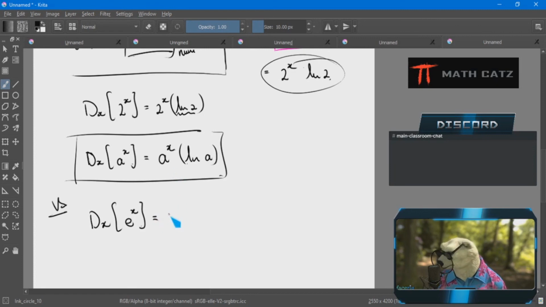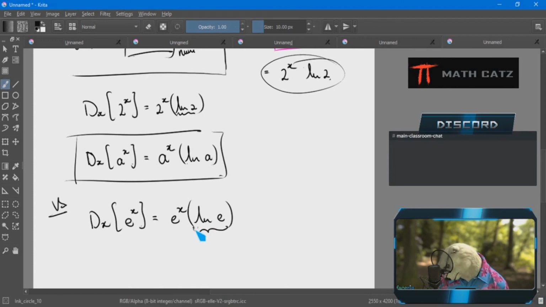Would this formula work? Well, it says e to the x, natural log of e. Where's the natural log of e? Ooh, that was supposed to be a curly bracket. Whoops.